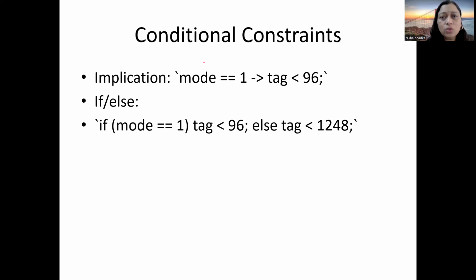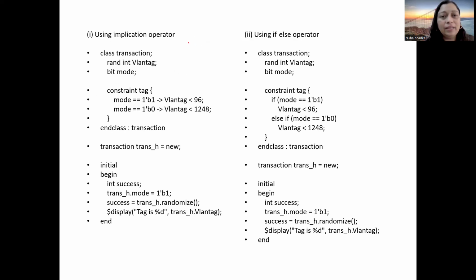Conditional constraints. In conditional constraints, we have conditions with if. It's very much like if else. One is the implication method, which says implies, and the other is the if else method. Let's see how we can use a conditional constraint using an example. So I'm using the implication operator here. The implication operator is the minus and the greater than symbol.